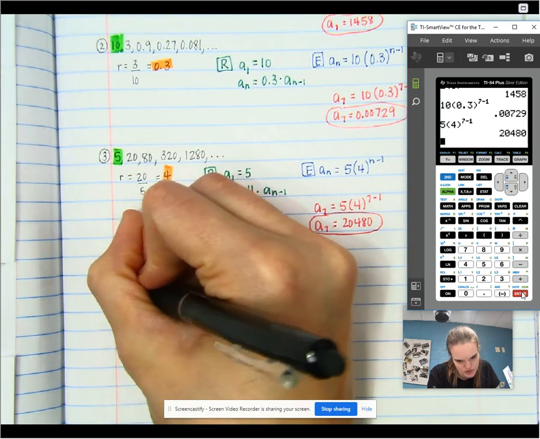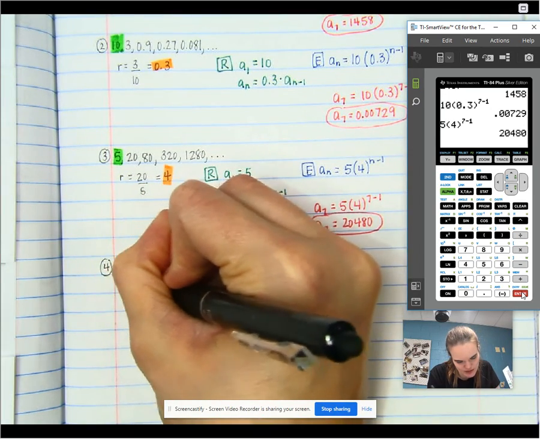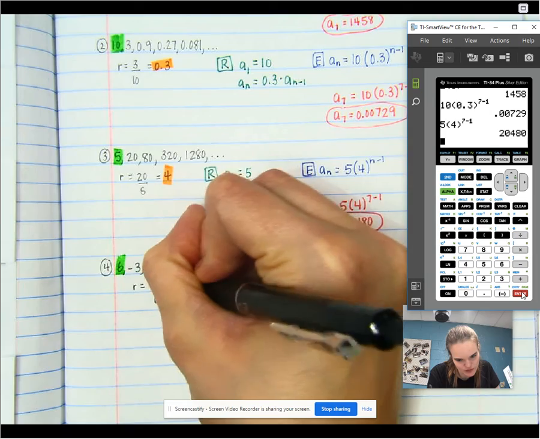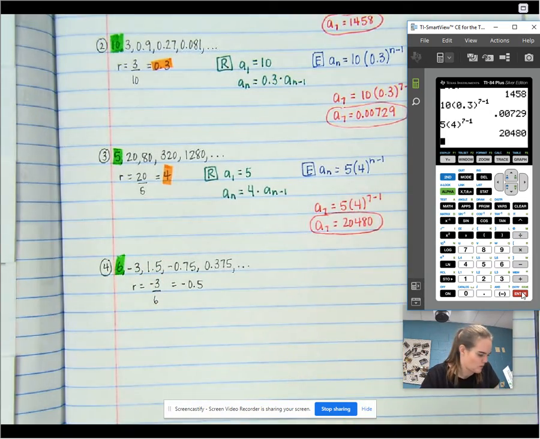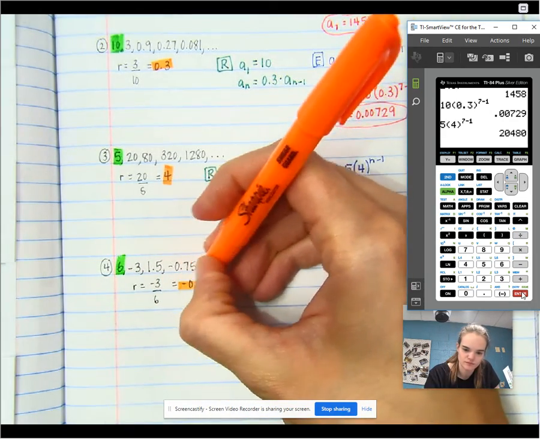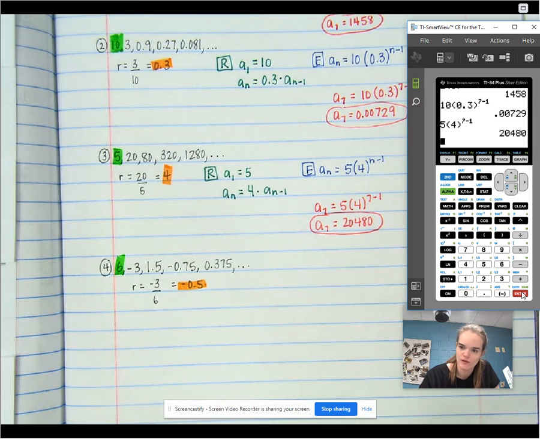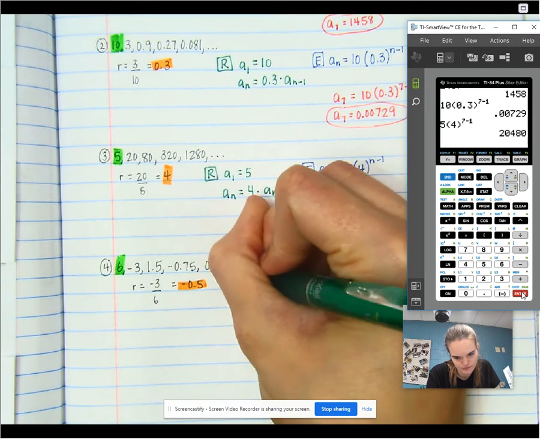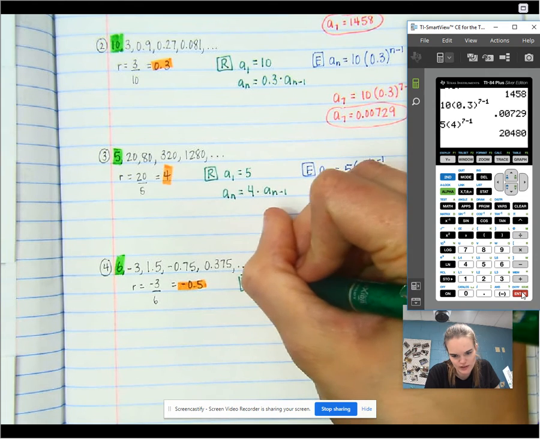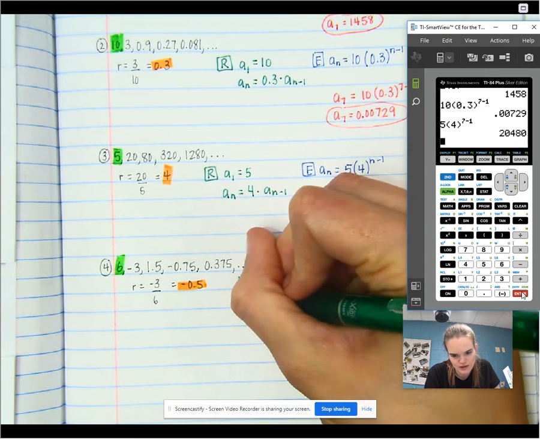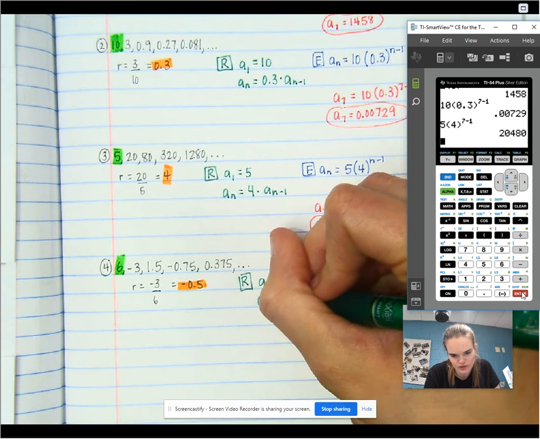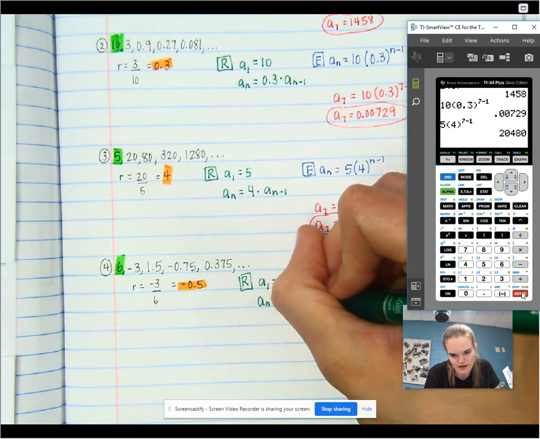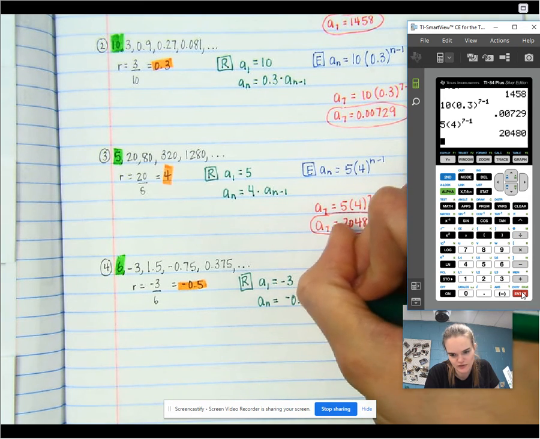The ratio is negative 3 divided by 6, which is negative 0.5. The recursive rule. A sub 1 equals 6. A sub n equals negative 0.5 times A sub n minus 1.